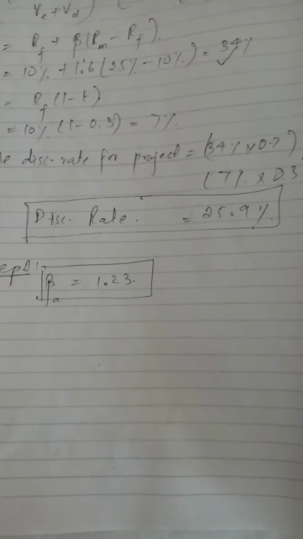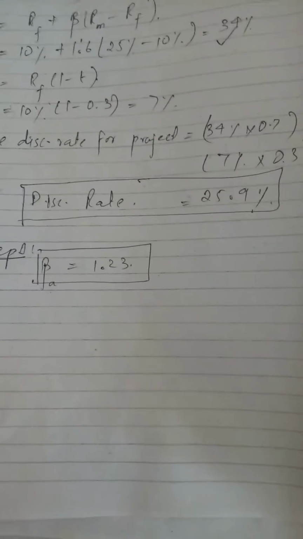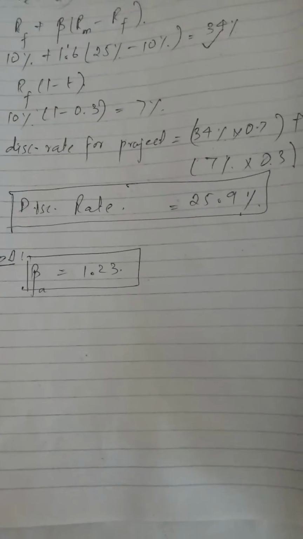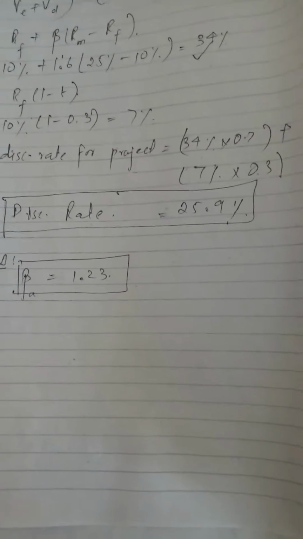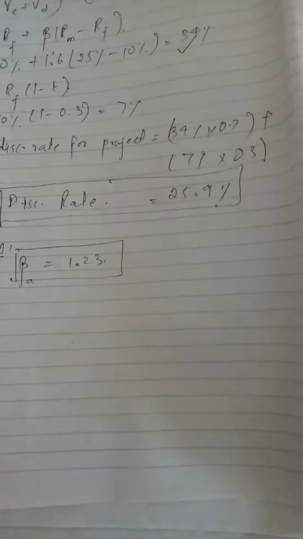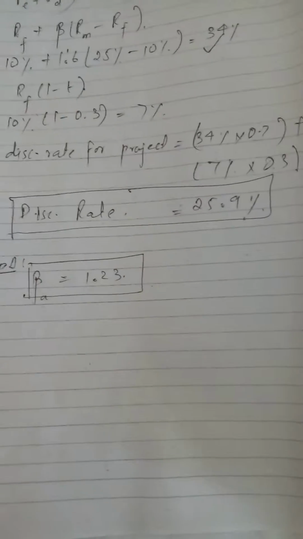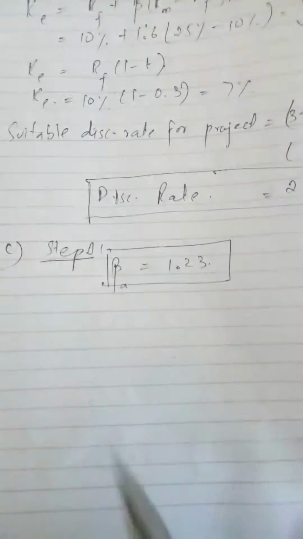It is 1.23. This is the asset beta, a measure of the pure systematic risk of electronics companies, and we are now going to adjust this pure beta in the light of the given financial gearing ratio.